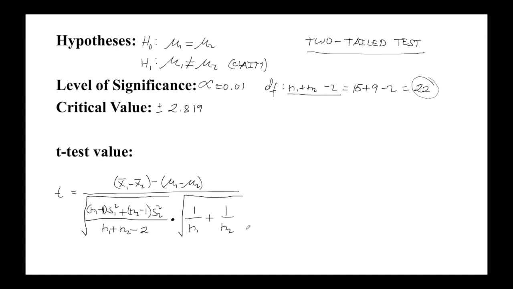Let's start our computations for the value of the t-test. So x bar sub 1 minus x bar sub 2. What are those numbers? That is actually from the given.